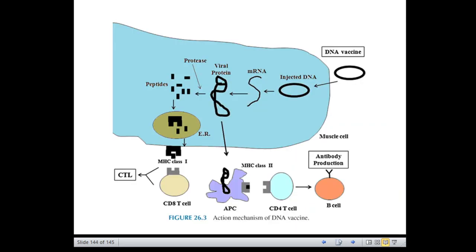Now, let's try to understand the mechanism. We have a plasmid vector that expresses the protein of interest, say for example a viral protein. It is under the control of an appropriate promoter, and is injected under the skin or muscle of the host. After uptake of the plasmid, the protein is produced endogenously and processed intracellularly into small antigenic peptides by the host proteases.